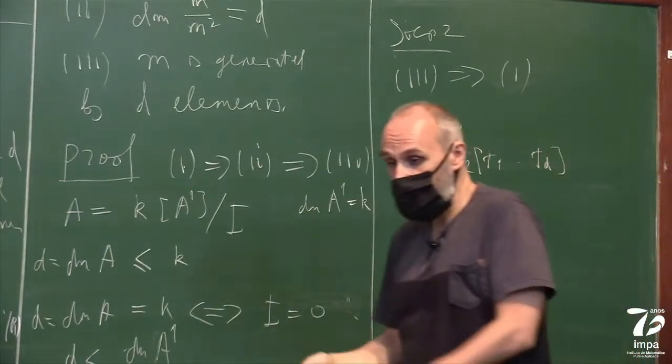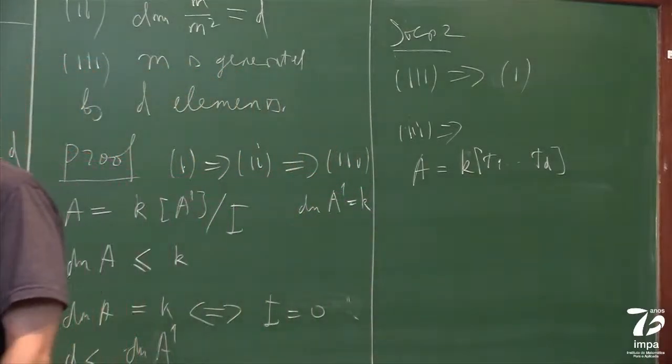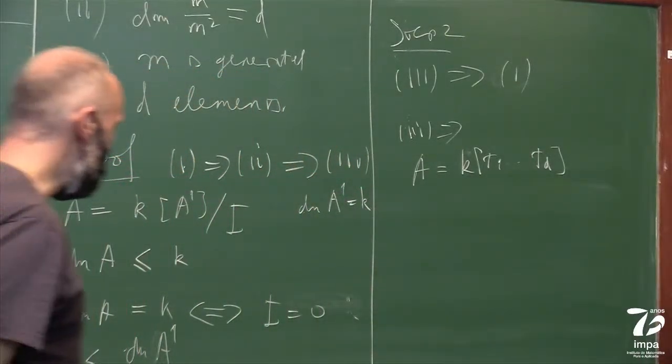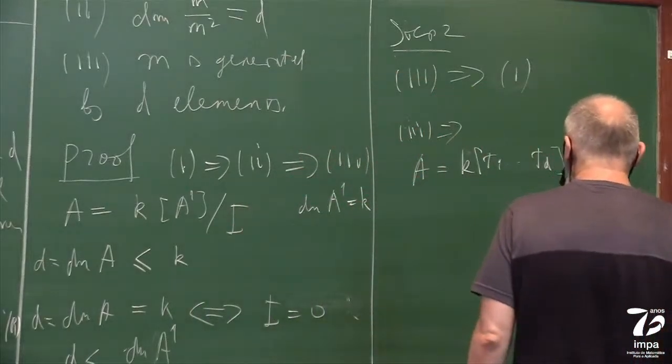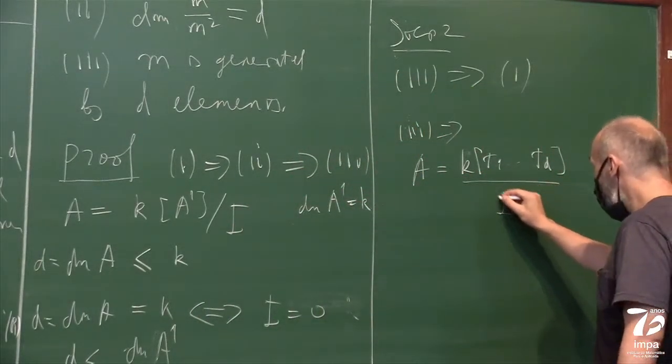So they also generate, obviously, modulo m squared. And it is a quotient by some I.